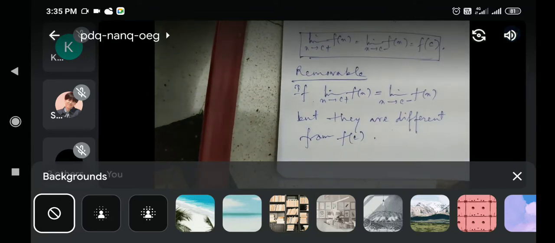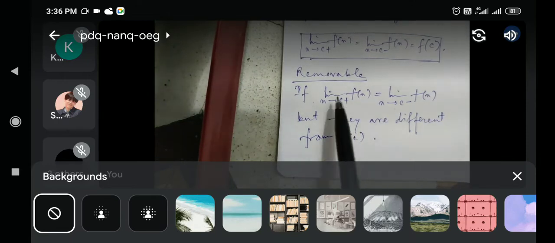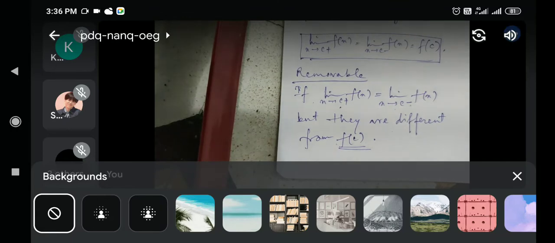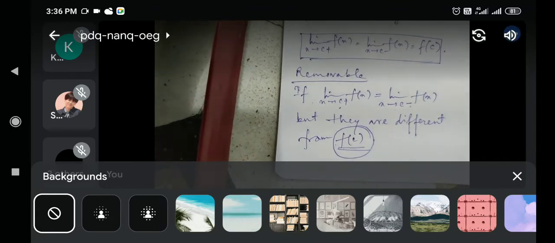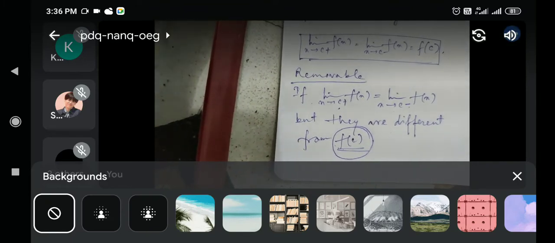Okay, if this criteria meets, that is left hand limit and right hand limit both exist, but they are different from the functional value, then we can easily remove that type of discontinuity just by changing the functional value at the point c, right? So this type of discontinuity is called a removable discontinuity.